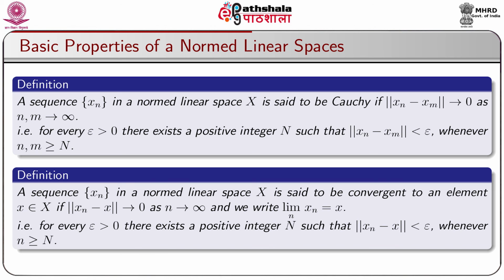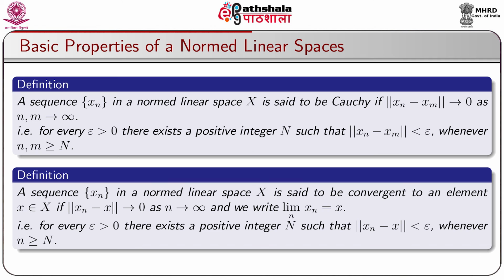Similarly, we take a definition like this: a sequence xn in a normed linear space X is said to be convergent to an element x belonging to X if norm of xn minus x tends to 0 as n tends to infinity, and we write limit of xn as n tends to infinity is equal to x. In the case of reals, we write modulus of xn minus x tends to 0.